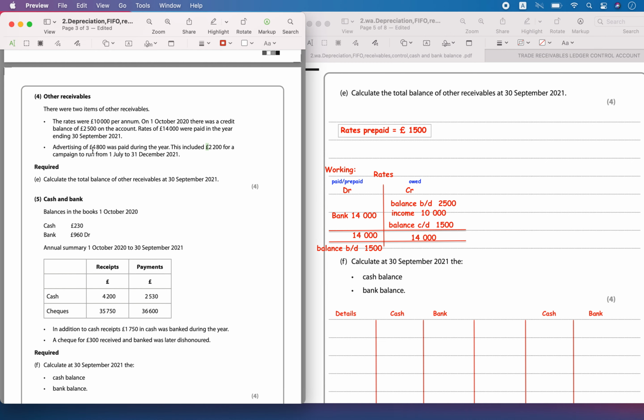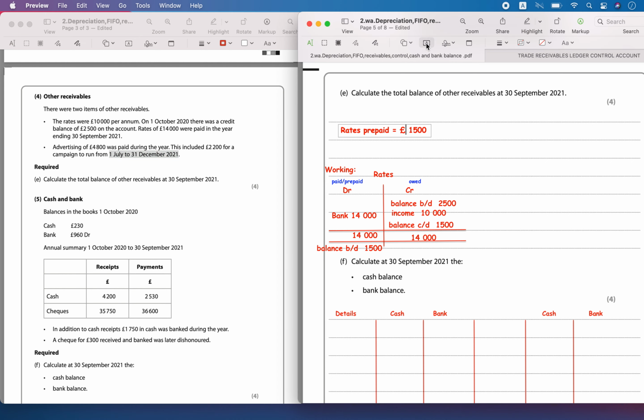Now the next one is the advertising. Advertising of 4,800 was paid during the year. This included 2,200 for a campaign to run from 1st July to December. So there was an extra 2,200, but it had run only for 6 months from July to December, but they had included everything. So what had become prepaid we have to find.